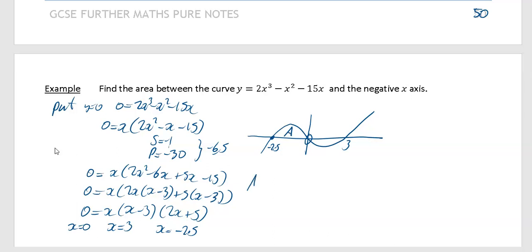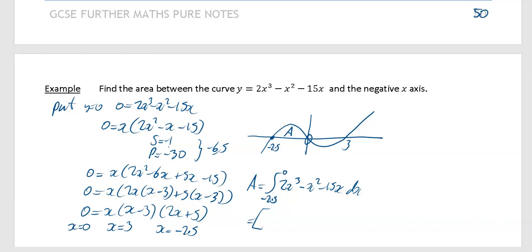So your area is going to be equal to the integral between minus 2.5 and 0, because that's where it cuts. And we're integrating 2x cubed minus x squared minus 15x, with respect to x. So we're going to go square brackets now.